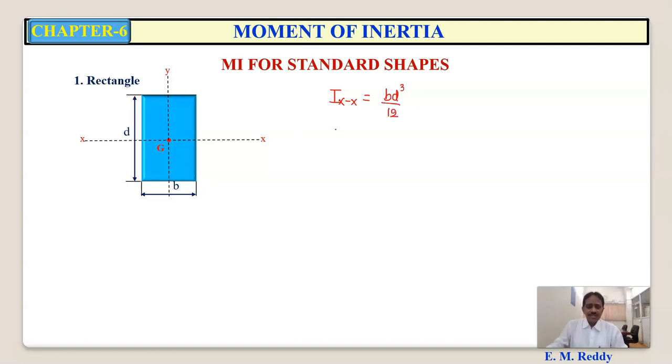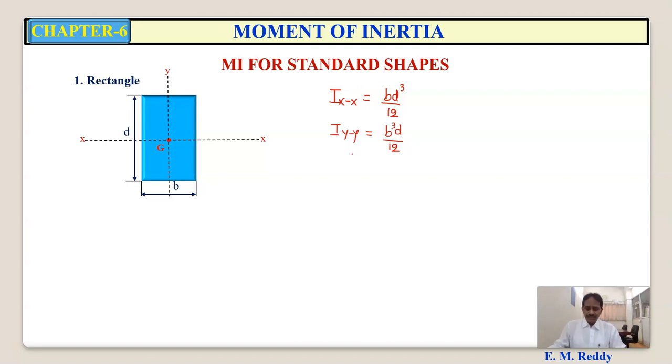Then the moment of inertia about the centroidal y-axis is given by B cube d by 12. So you have to remember these formulas. This is about the x-axis and about the y-axis.